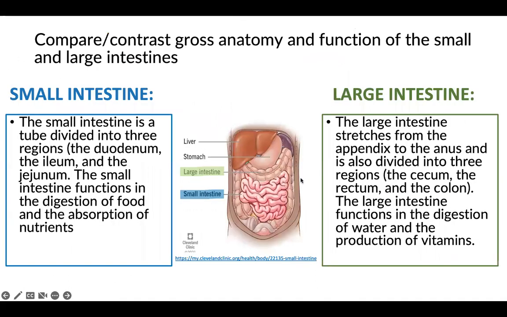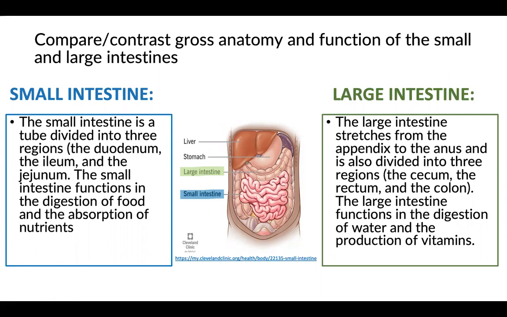Now to compare and contrast the gross anatomy and function of the small and large intestines. You can see in the picture in the middle, the small intestine is the more pink area, and the large intestine kind of wraps around it in a more pale area. The small intestine is a tube divided into three regions: the duodenum, the jejunum, and the ileum.